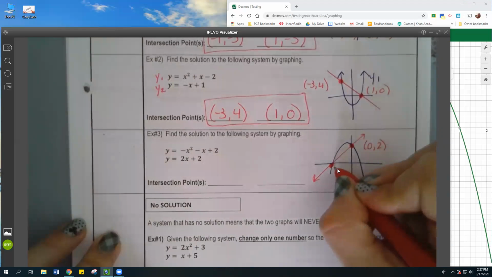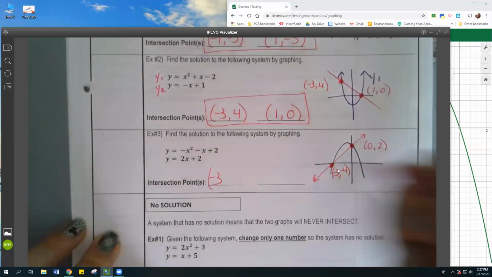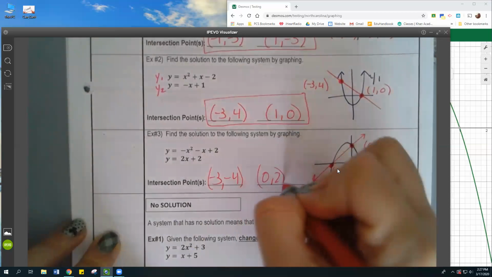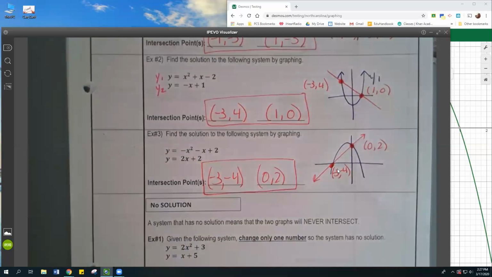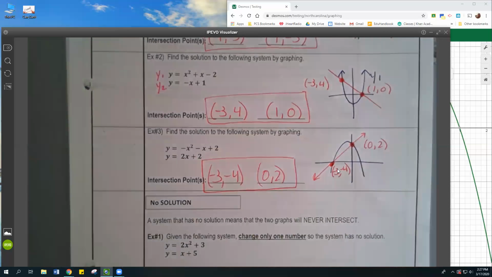There's an intersection there, and that was at -3, -4. So my two solutions, -3, -4, and 0, 2. So a quadratic and a linear giving me two intersections, two solutions for that system of equations.